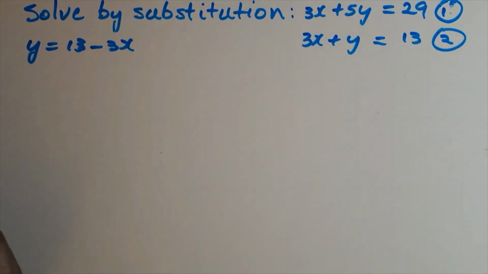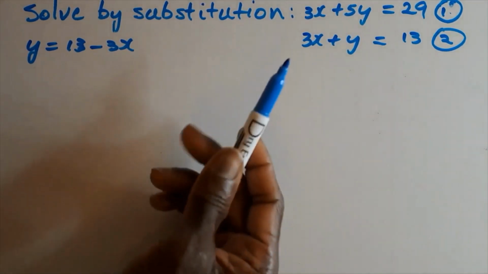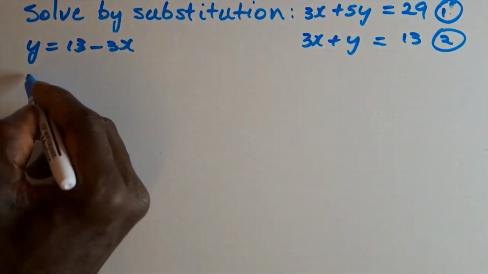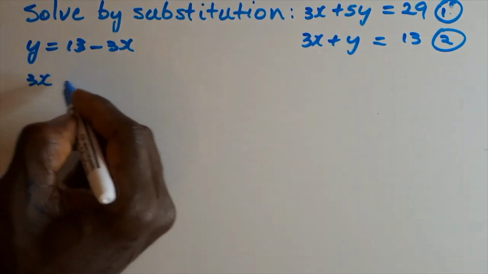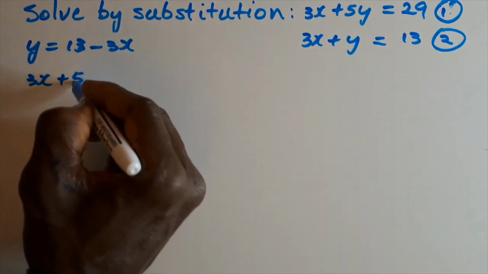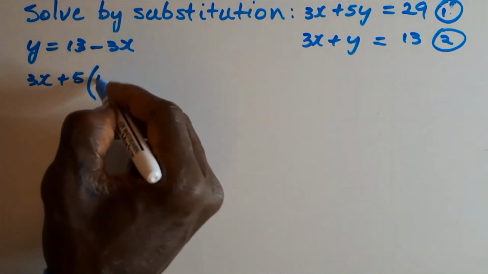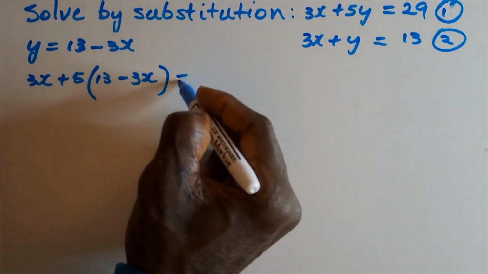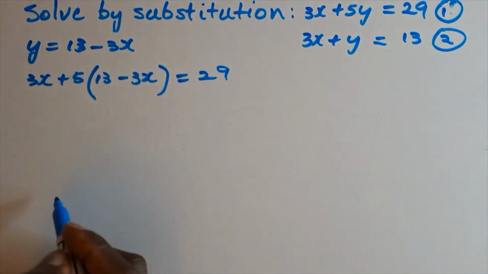So now that we know y, we can substitute our value for y in equation 1. So we have 3x + 5 times this amount, (13 - 3x), and this is equal to 29.